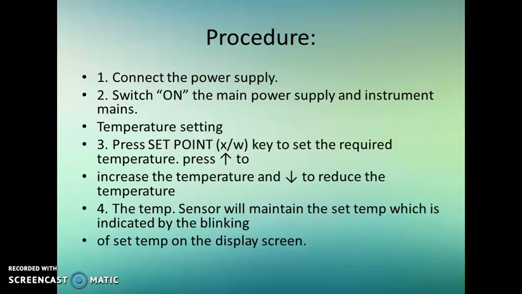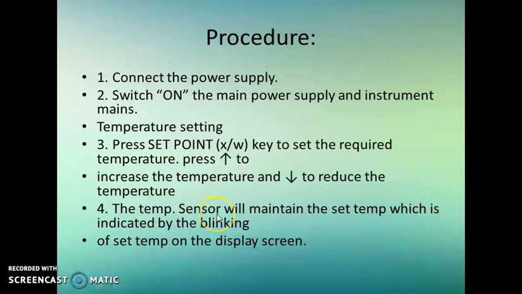Then we use this arrow to increase the temperature, and this arrow is used to reduce the temperature. So using these arrows we are setting the temperature. Now there is another part present in the hot air oven, that is the temperature sensor.